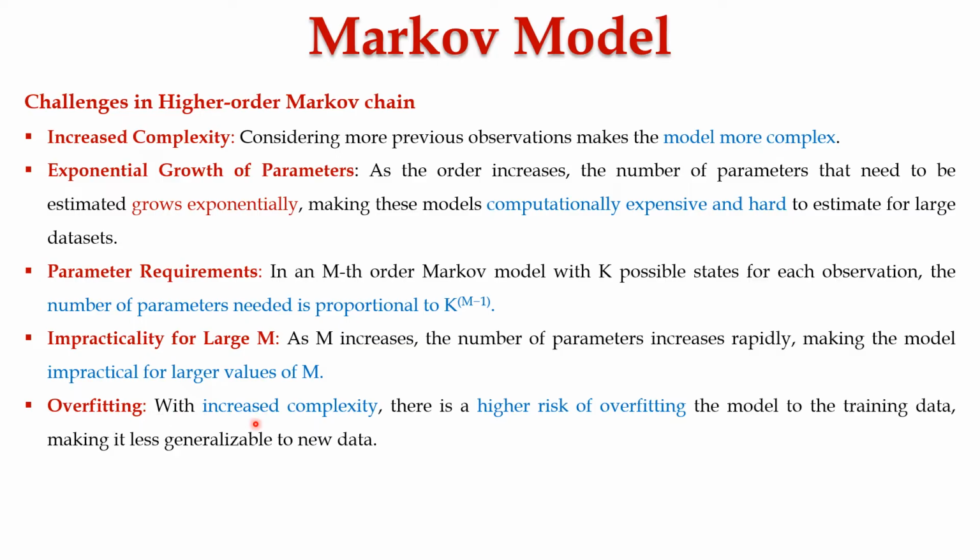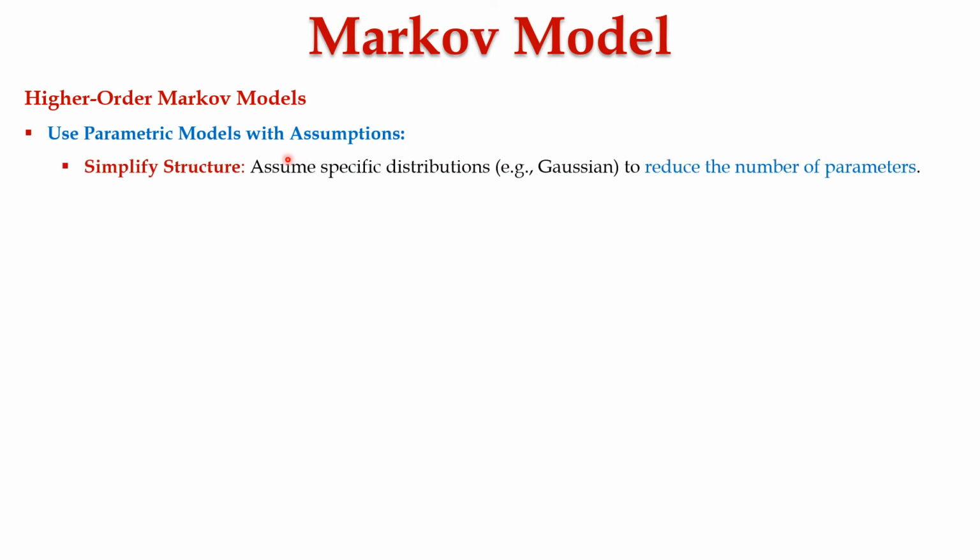Overfitting. With increasing complexity, there is a higher risk of overfitting the model to the training data, making it less generalizable to new data. In order to avoid these challenges, higher order Markov models can use parametric models with assumptions.